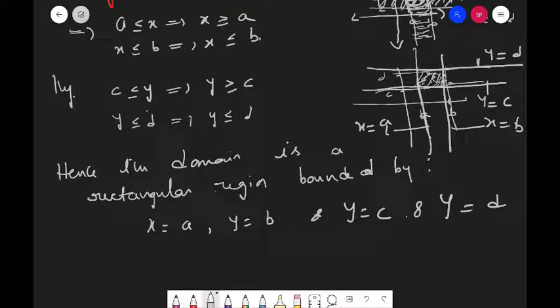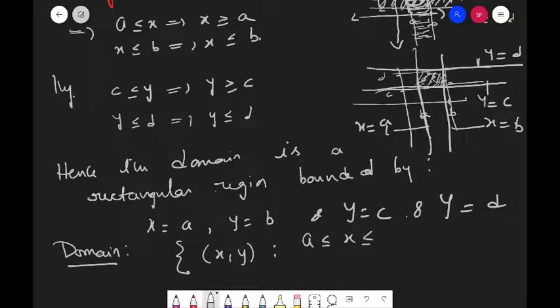And we'll write it as domain is set containing x comma y such that a less than or equal to x less than or equal to b and c less than or equal to y less than or equal to d, this is a domain.